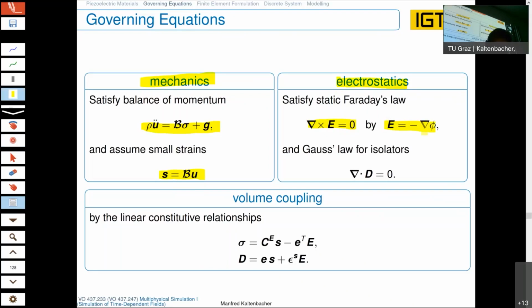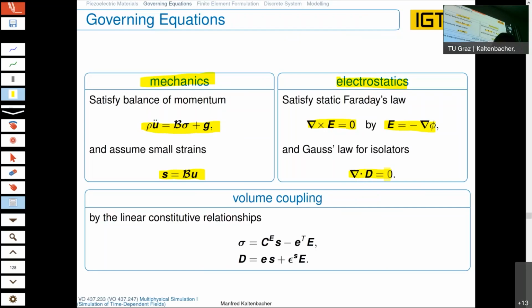And since the piezoelectric material itself is an isolator, we can model it by the divergence of the dielectric displacement being zero, because we have no free electric charges.